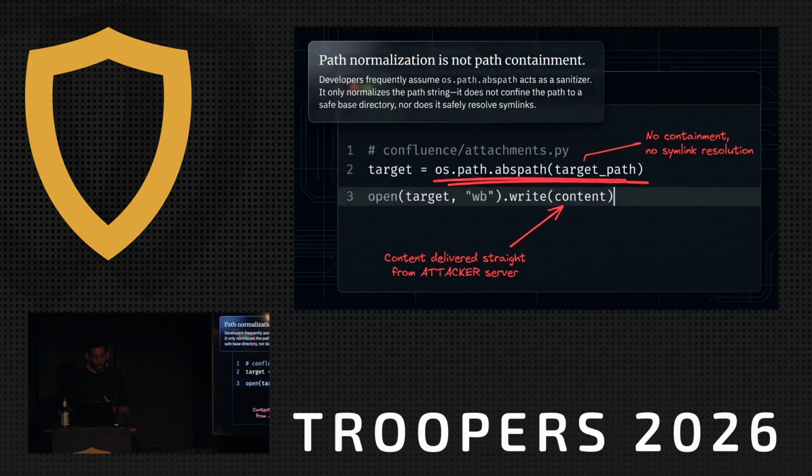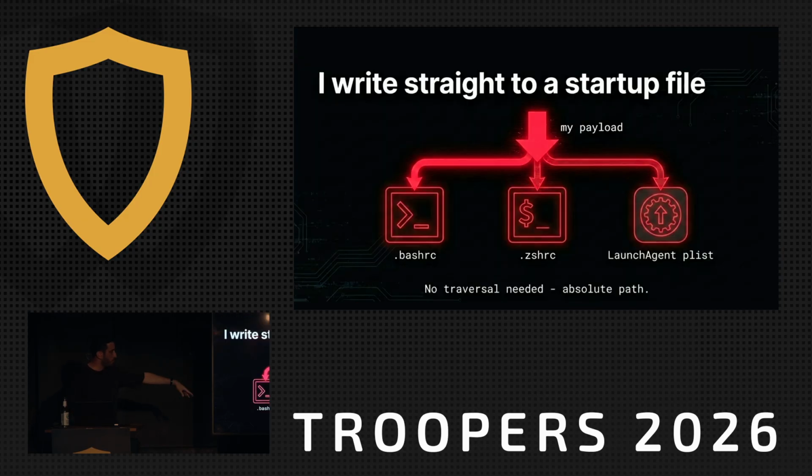So what we can do is write to a path that already exists and overwrite it. Simple examples are bashrc or whatever shell configuration. The next time that shell configuration loads, it will load with my input. And then, obviously, from there, it's game over.